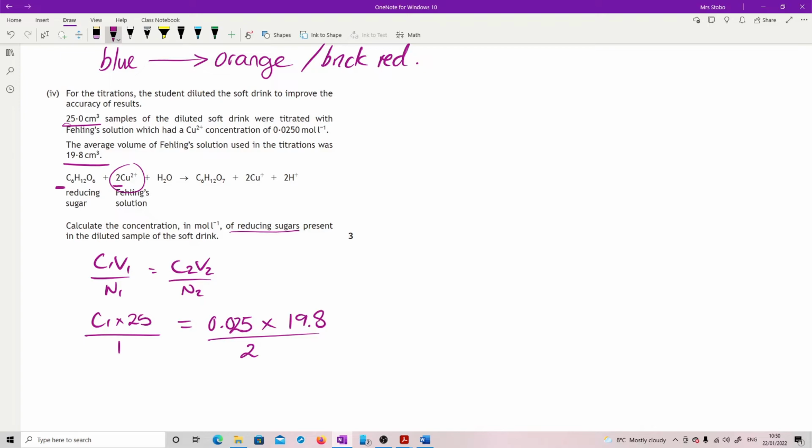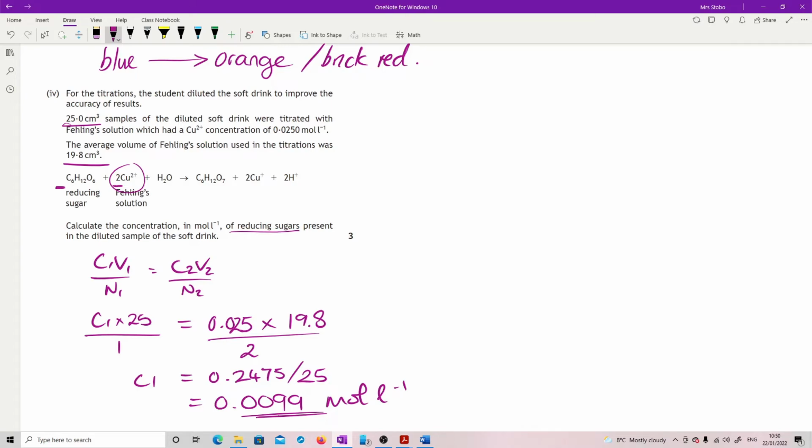Which means that for C1, we are looking at 0.2475, which is all of this bit, divided by 25, so 0.0099 moles per litre. Okay, shortcut method.